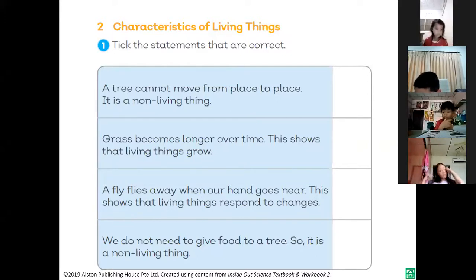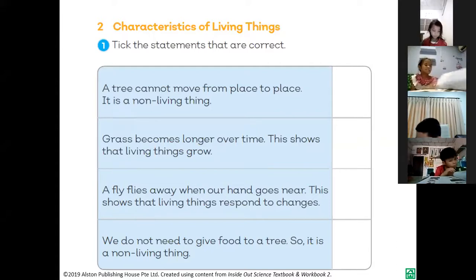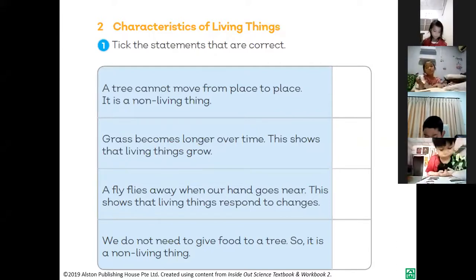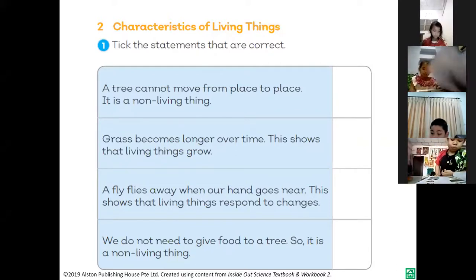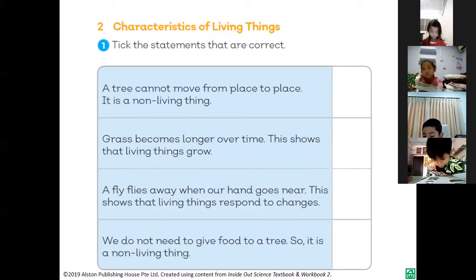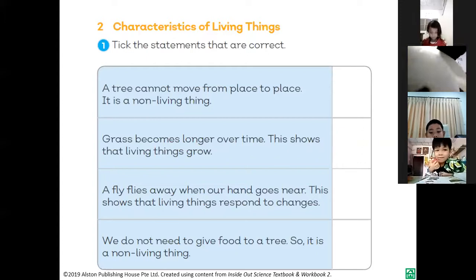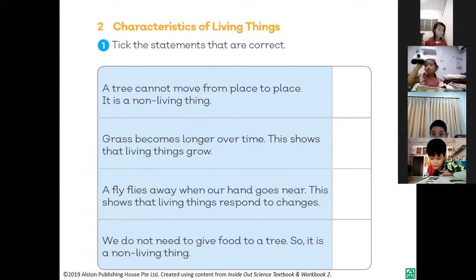Page number 2. Now all you have to do is tick if the statement is correct. Listen, number 1. A tree cannot move from place to place.